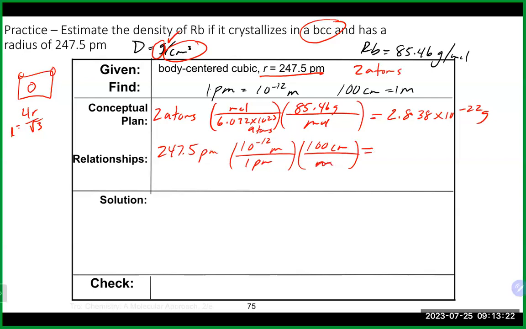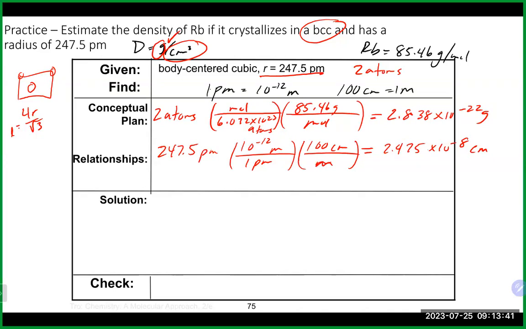So 247.5 times 10 to the minus 12 times 100 in this case is going to get us 2.475 times 10 to the minus 8 centimeters.